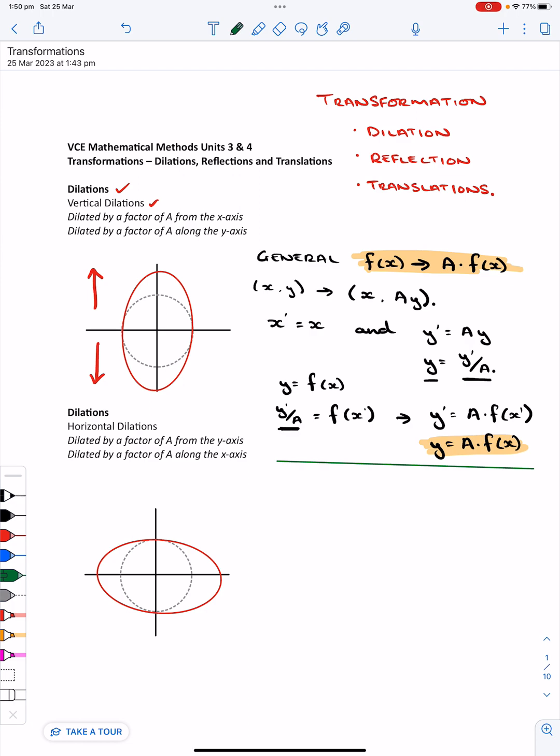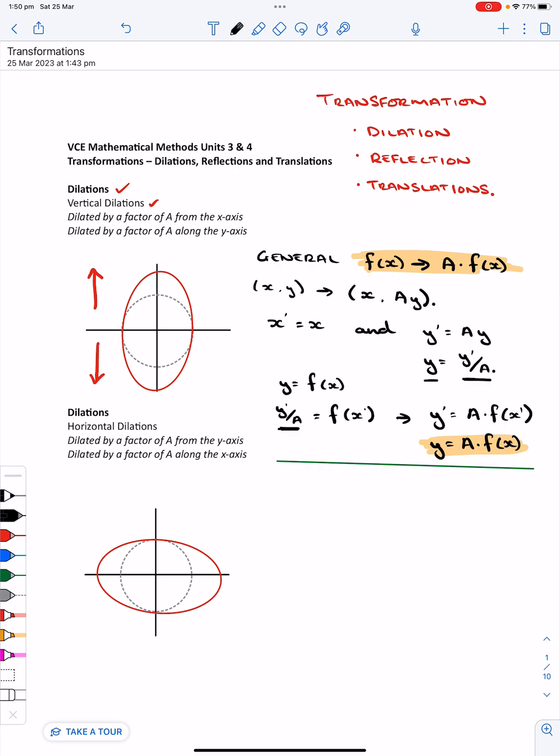So our next part is when we're considering a horizontal dilation, and this is stretching the graph out along the x-axis, essentially making it wider. The language that we use here is dilated by a factor of a from the y-axis. Alternatively, you could get questions that say dilated by a factor of a along the x-axis.